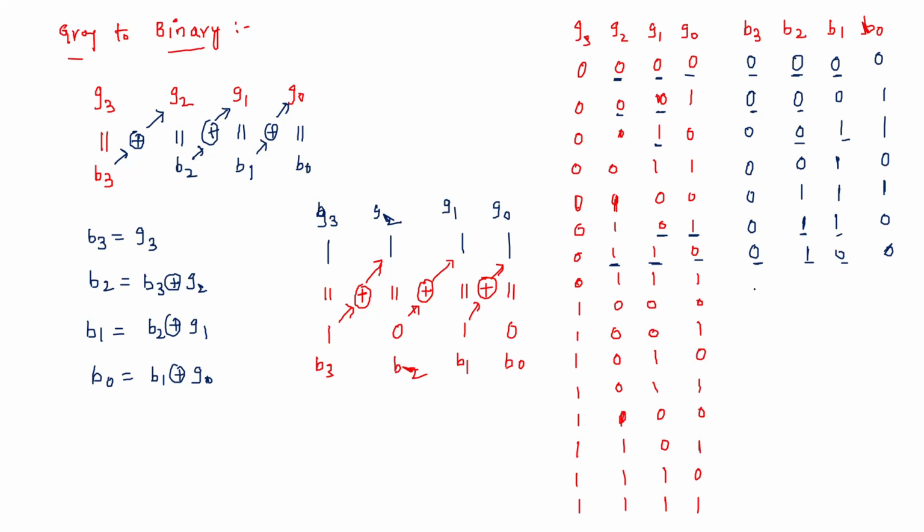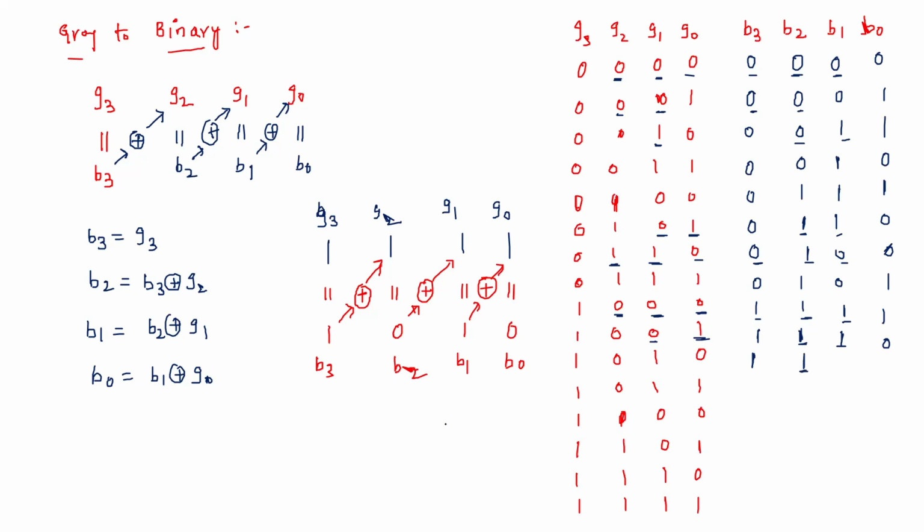Similarly, 1 XOR with 0 is 1, again 1 XOR with 0 is 1, and 1 XOR with 1 is 0.